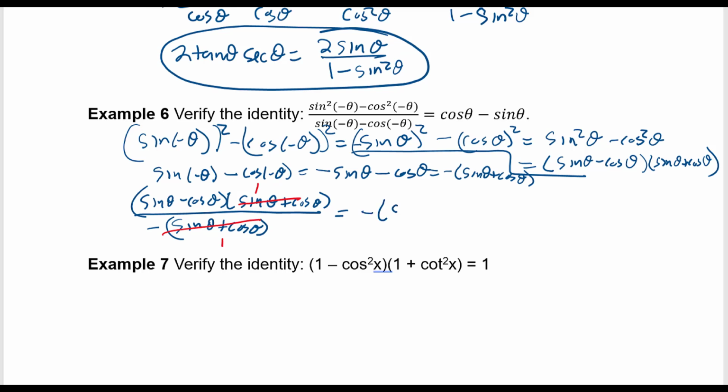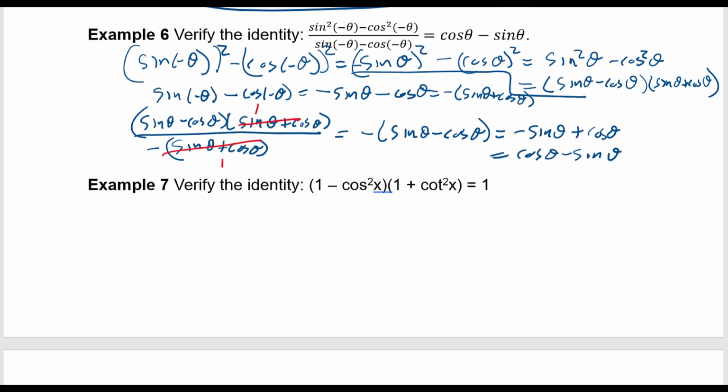The negative of sine theta minus cosine theta, which is like saying the negative of sine theta plus cosine theta if we distribute the negative, or cosine theta minus sine theta. Okay, I think it's kind of fun. And we have one more I want to do for this video. Now it's getting a little bit long.